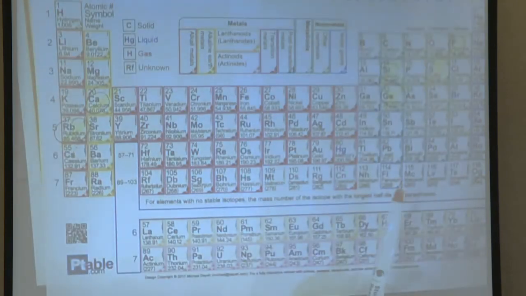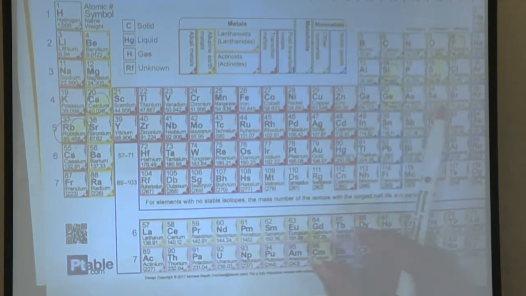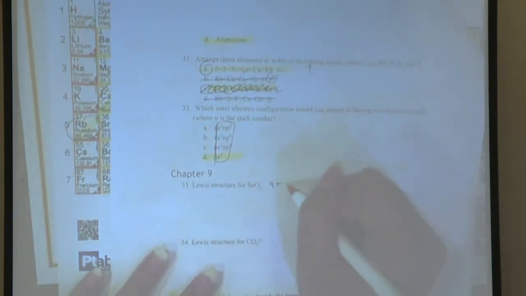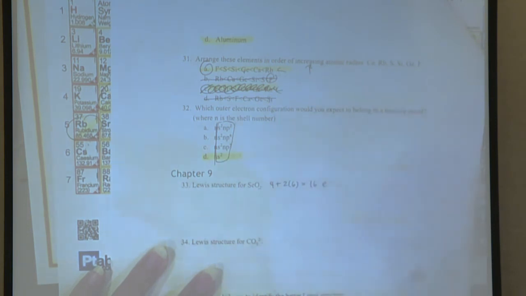Well, let's try to draw it as we normally would, right? So selenium has how many electrons? And then oxygen has 1, 2, 3, 4, 5, 6, but we have 2 oxygens, so we're going to do 2 times 6.